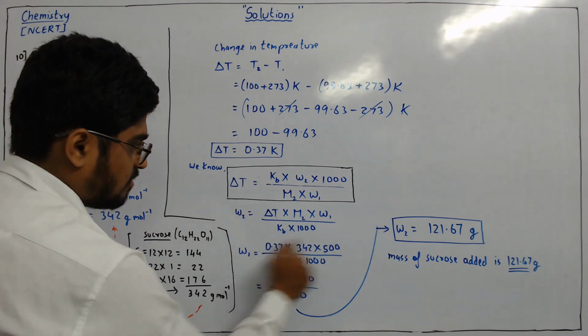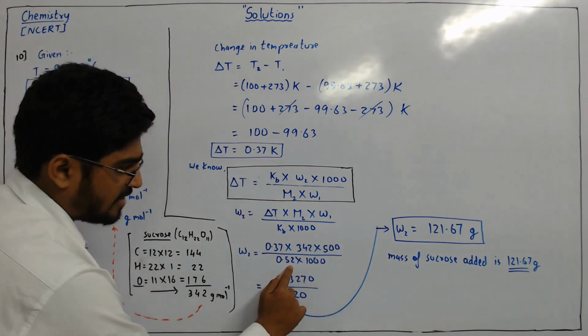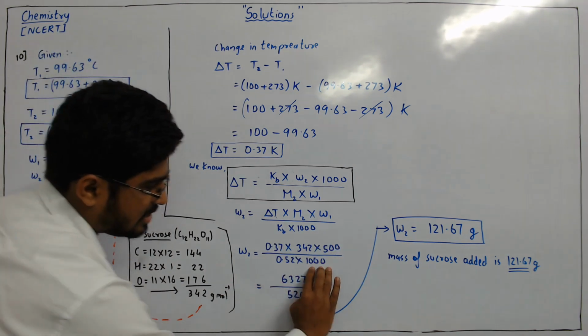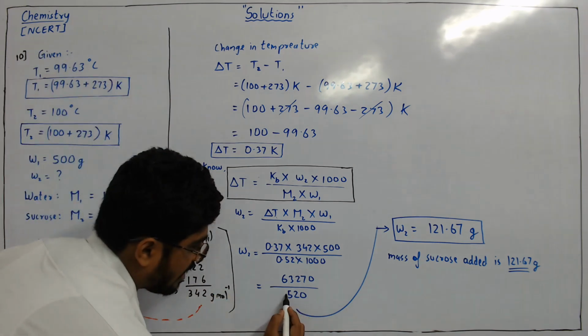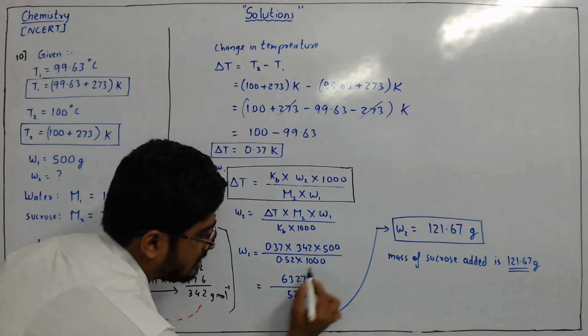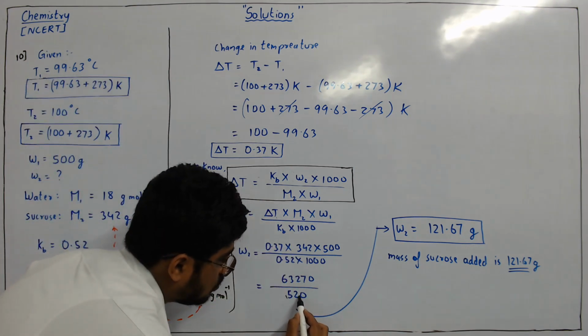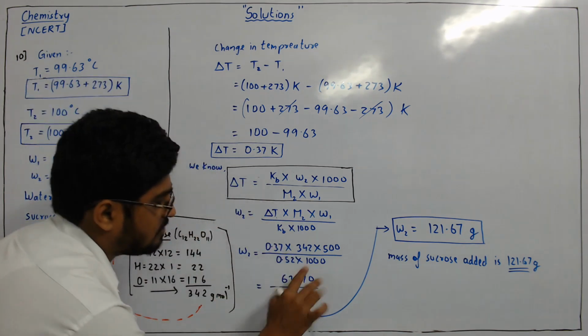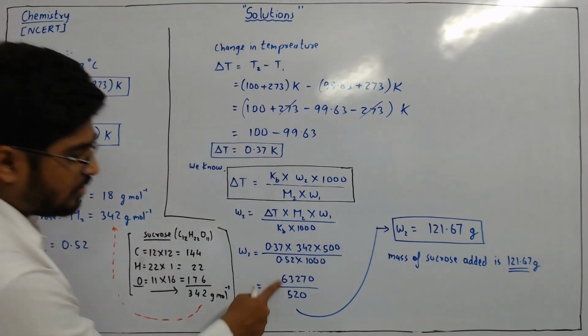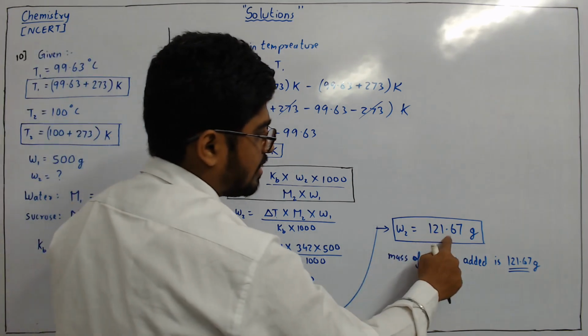This upper value, if you multiply, we got this. Then 0.52 multiplied by 1000. See, in 1000 there are 3 zeros. Previously the point was before 5. If you multiply by 1000, the point will be shifted by 3 places. 1, 2, 3. So we got 520. And if we divide both these things, we got the final answer.